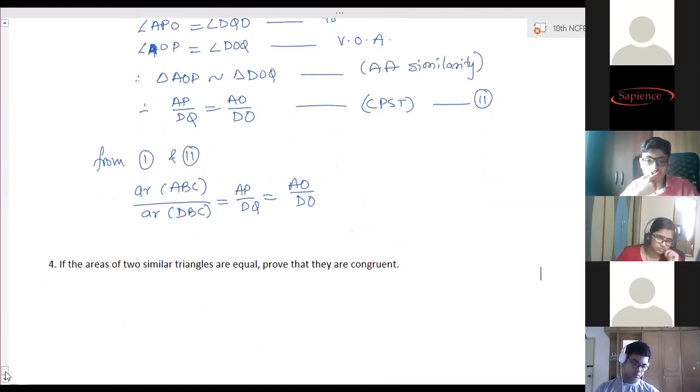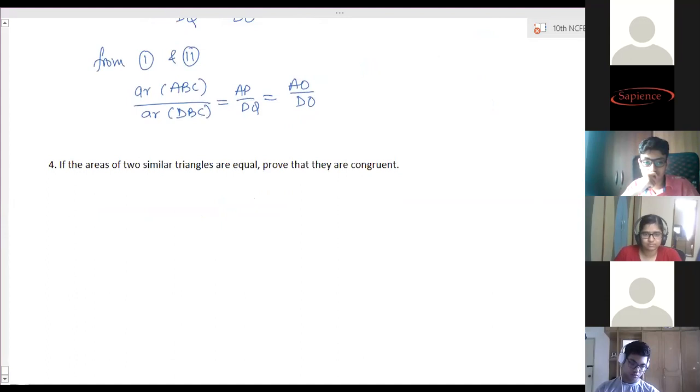Fourth question: if the areas of two similar triangles are equal, prove that they are congruent. Sorry, the areas are equal.